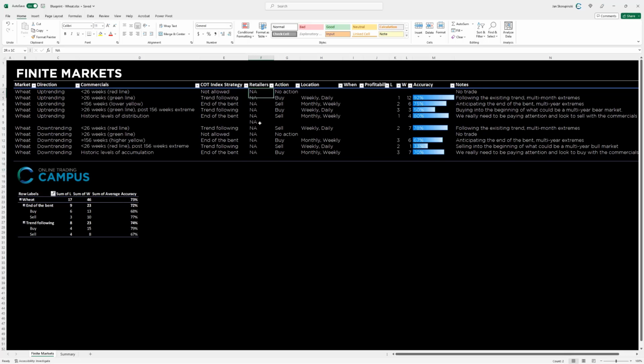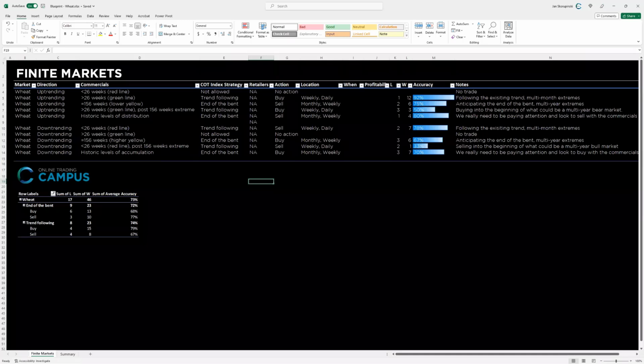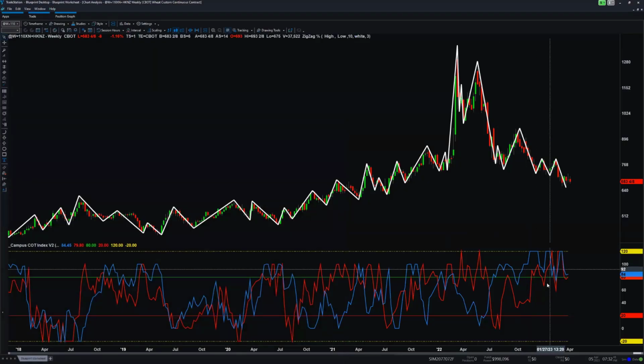So that was pretty quick, right, in terms of wheat and the retailers. And that's going to be the case for a lot of agricultural markets. I just wanted to mention here that it's not always the case that we do the opposite.